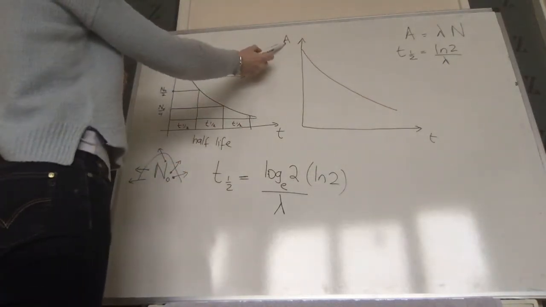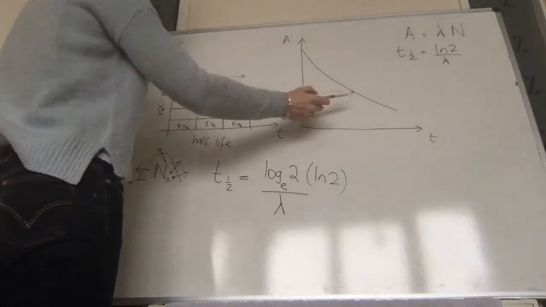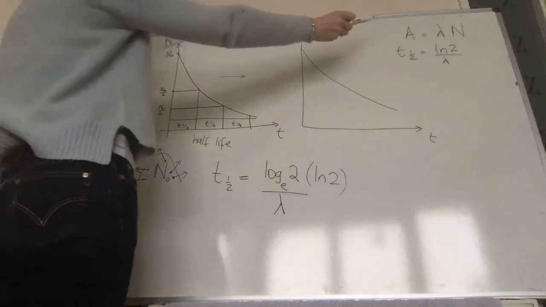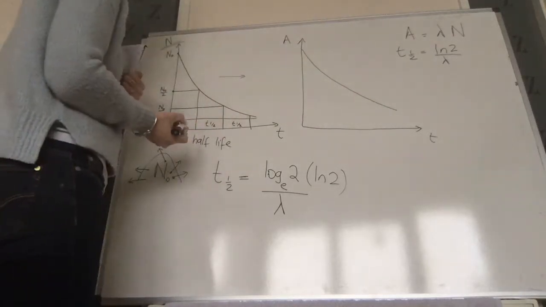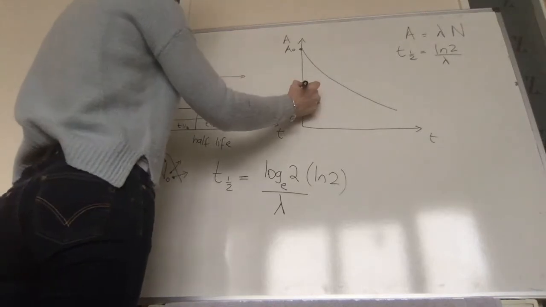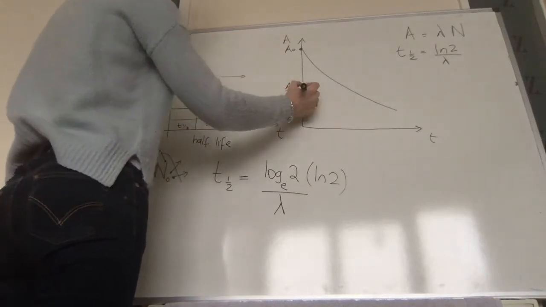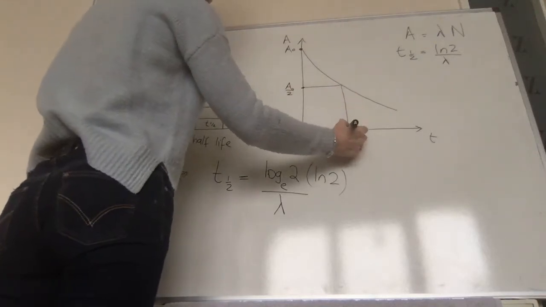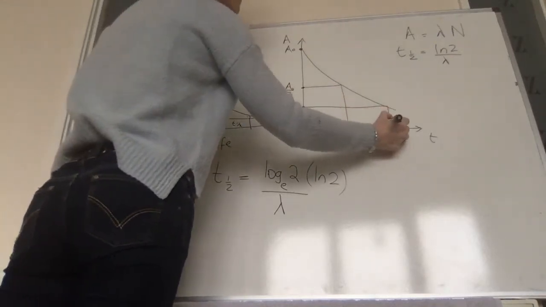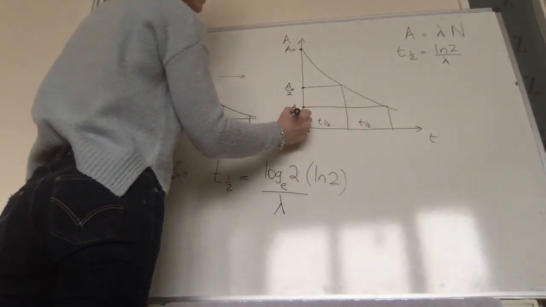The y value for A at any point is just the y value for N multiplied by a constant. If we call A0 the original activity, then the time it takes for the original activity to halve is also the half-life, and again for that in turn to halve, and so on.